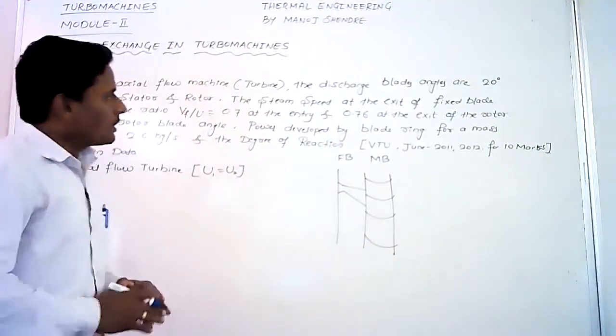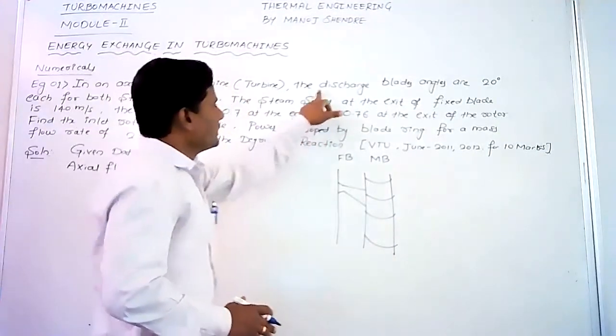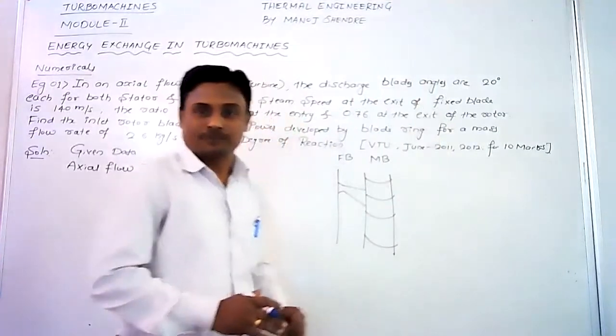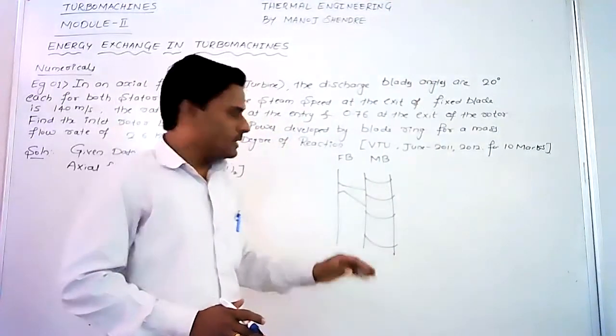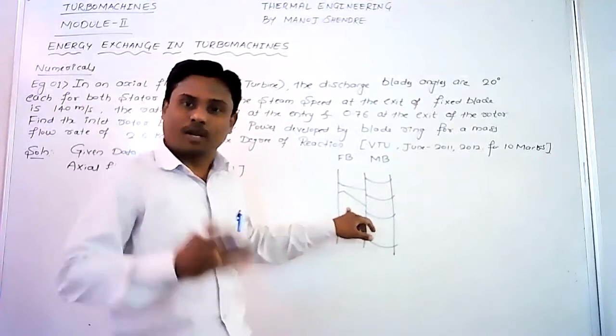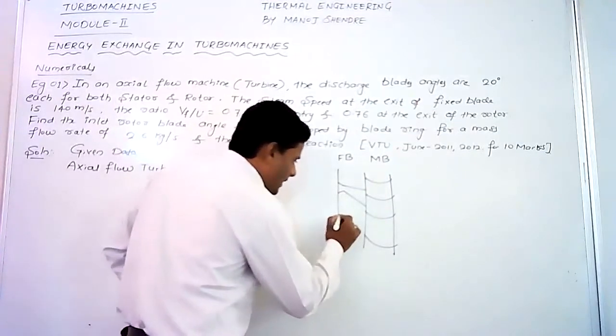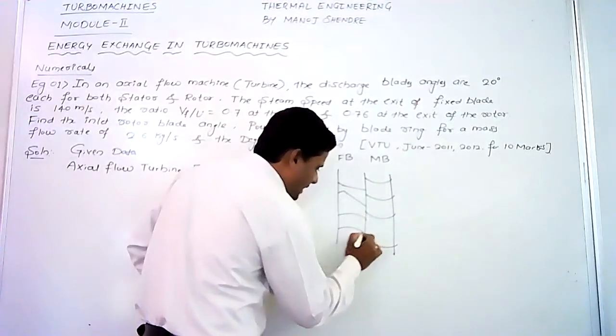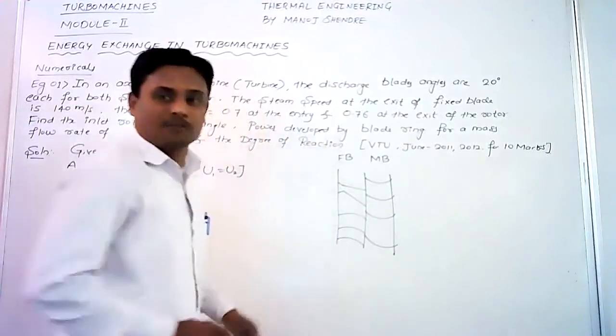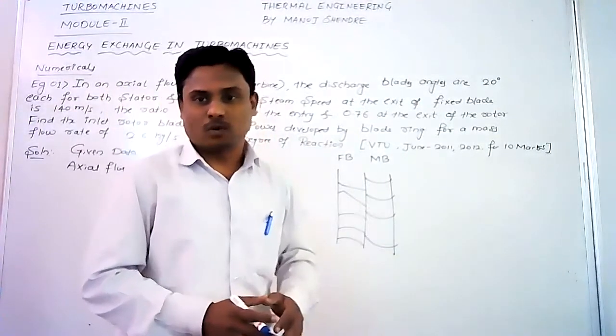Now what he has given is the discharge blade angles for stator. In place of a nozzle, we can also take the stator. Stator one is the fixed blades, and the rotor are the moving blades.